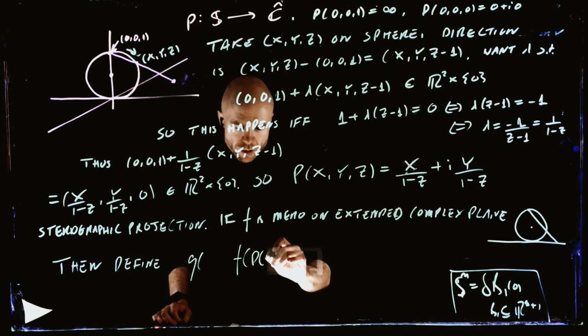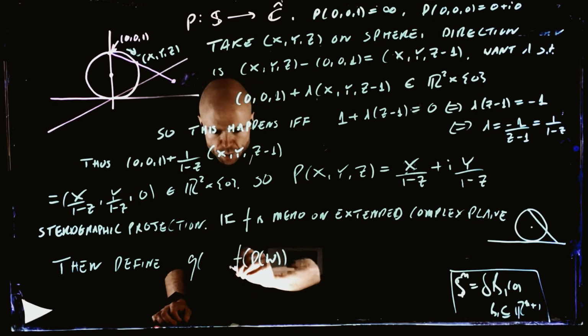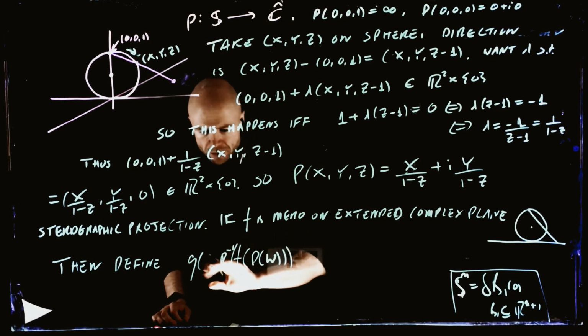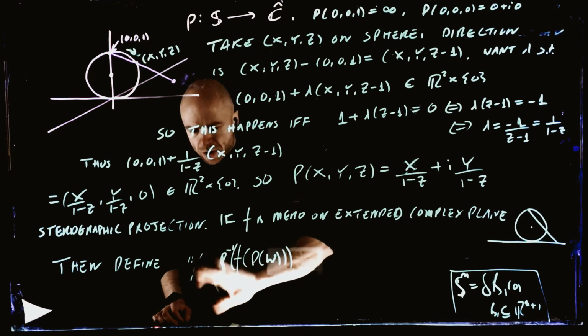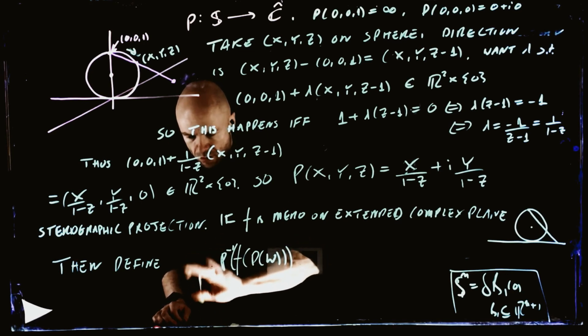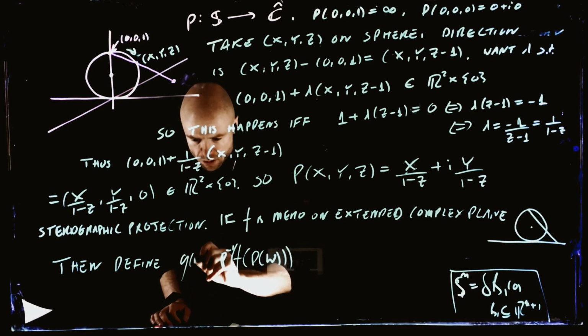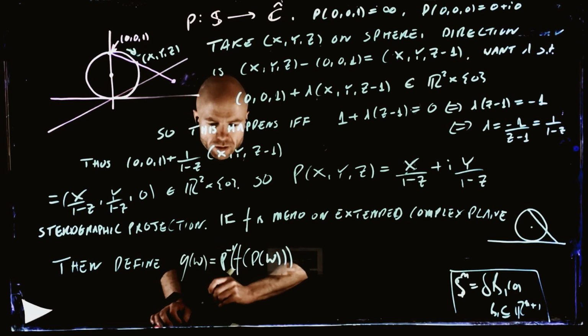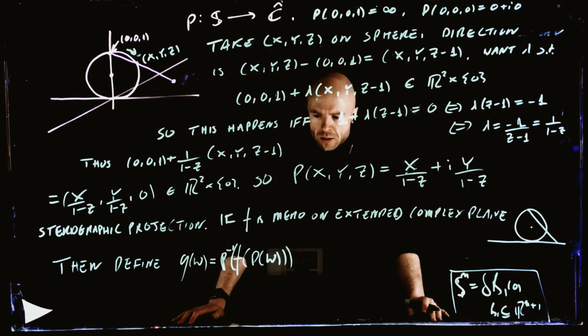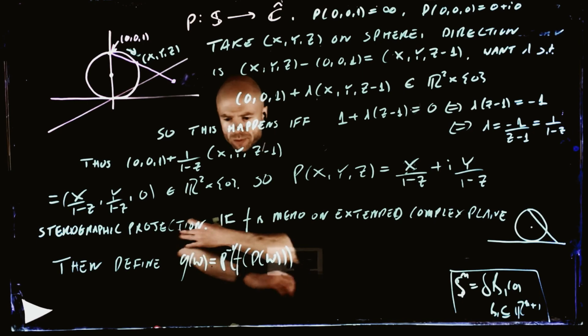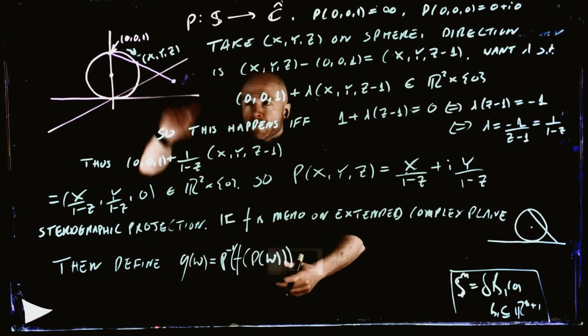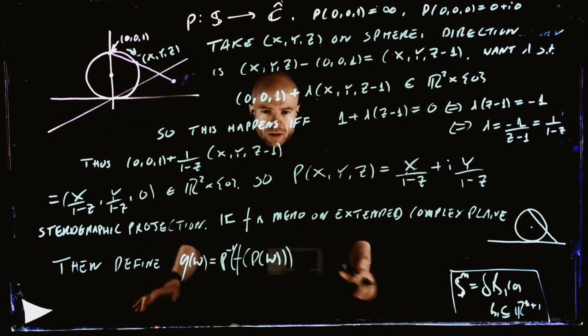Let me call a point now just a point W on the sphere. So we can project onto the complex plane, apply F, and then pull it back with the inverse of stereographic projection. Let's call this thing G of W. Then this is a perfectly well-defined mapping from the sphere back onto the sphere.